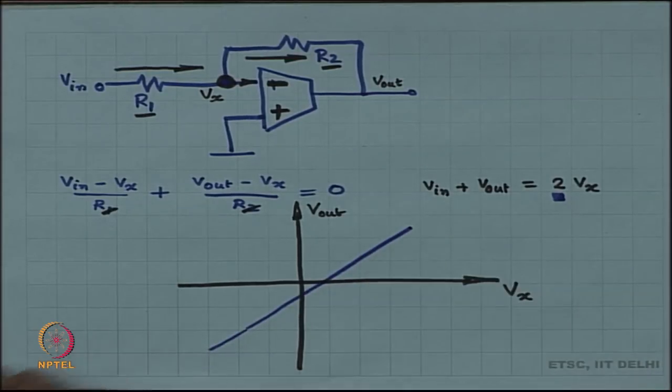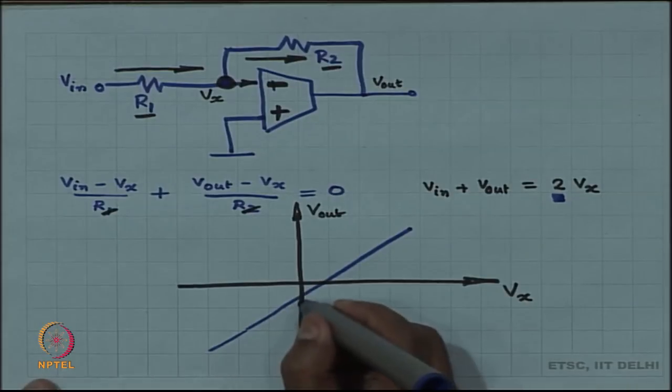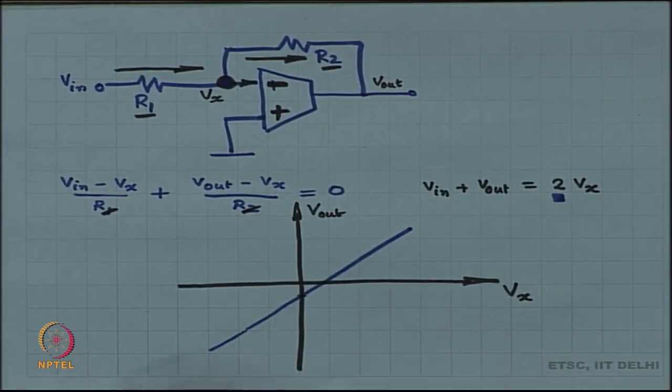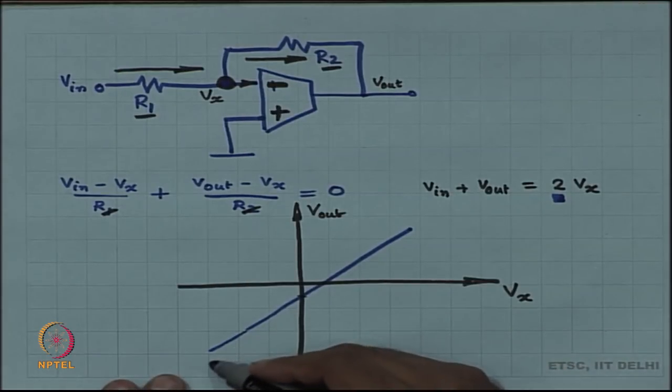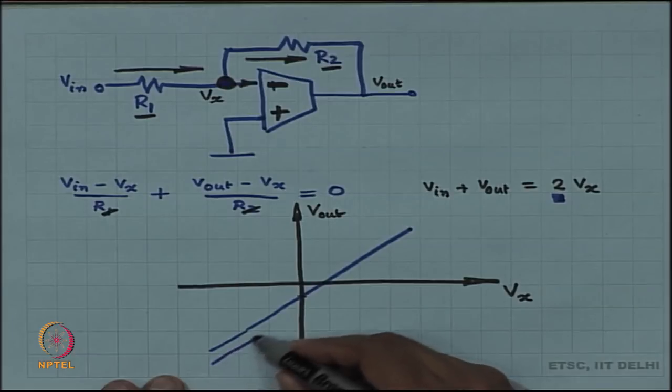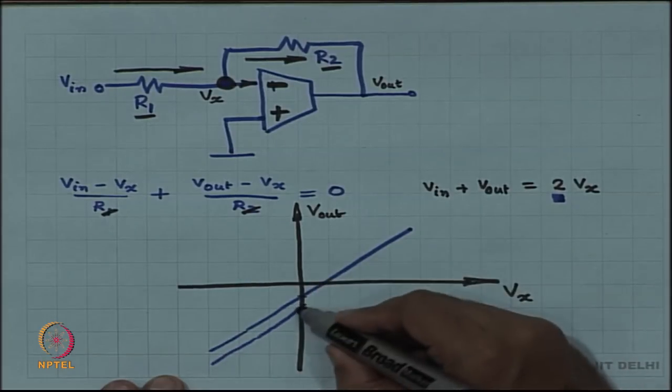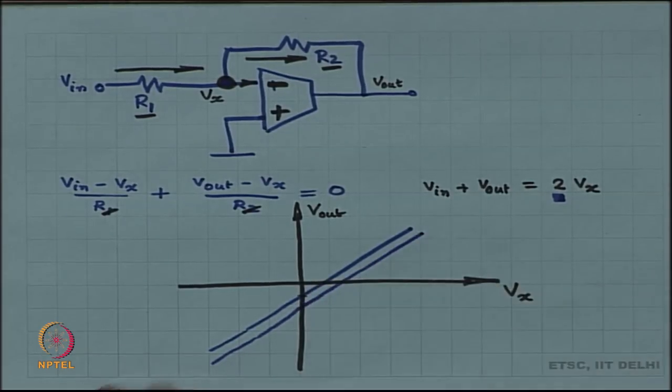Right. So, if V in is, let us say, plus 0.5, then it is going to cut the y axis at minus 0.5. If V in is plus 1, then this line is going to cut the y axis at minus 1.